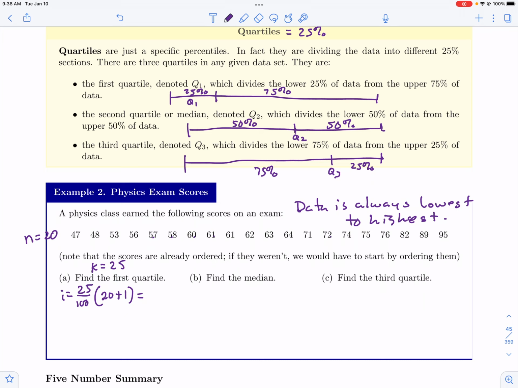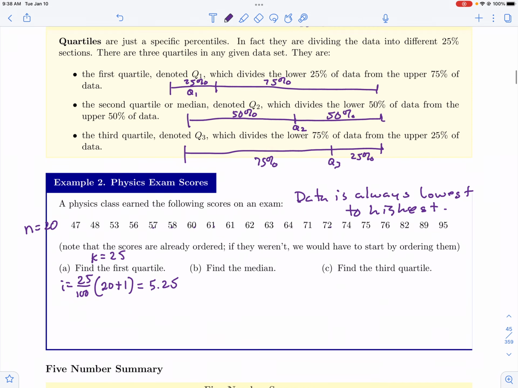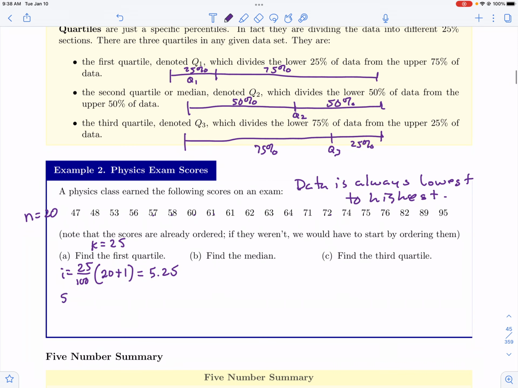I got 5.25, which again, unfortunately, is not a whole number. So we're going to have to do our round down, round up thing, like we did last time. So we want to figure out what number lives in the 5th position, what number lives in the 6th position, and then we're going to average those two together to get our first quartile.